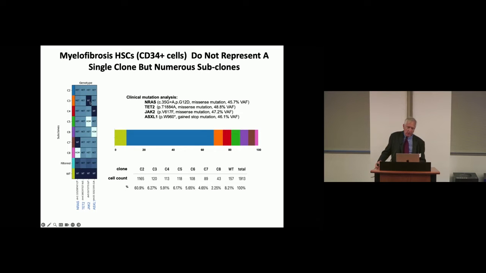But this clone is of particular concern because 40% of patients who have JAK2 V617F myeloproliferative neoplasms, when they go on to develop MPN blast phase or acute leukemia, lose the JAK2 mutation. So this clone, which we can see, has the other mutations but lacks the JAK2 mutation. And this is a potential clone that could give rise to this leukemic event.